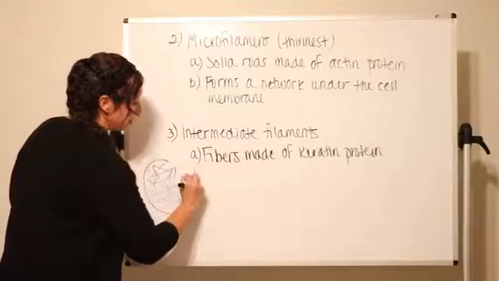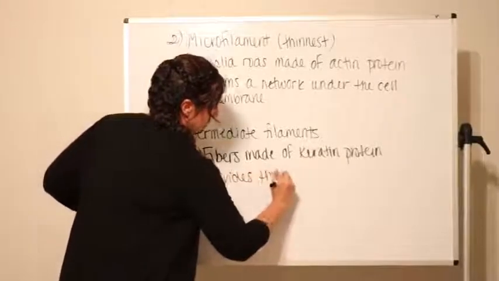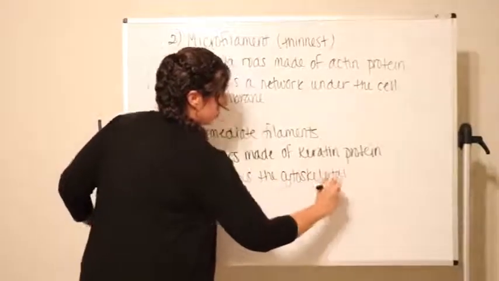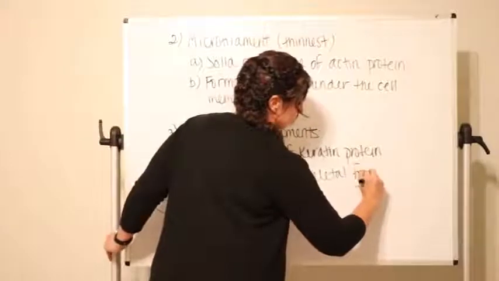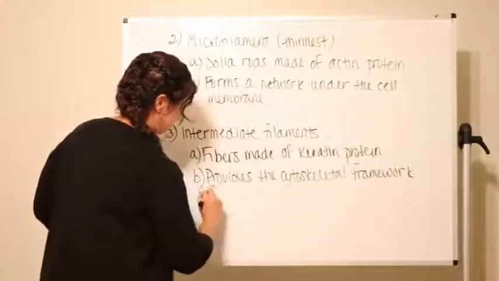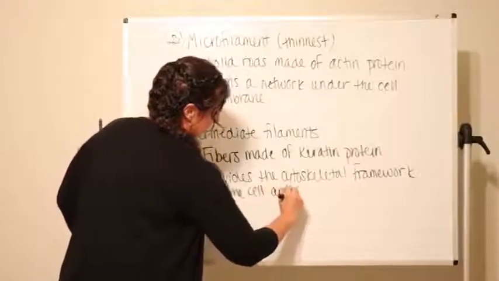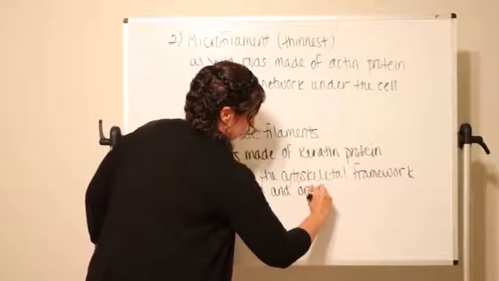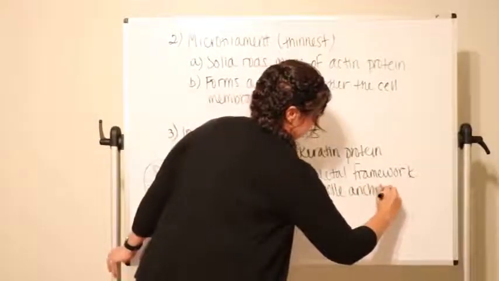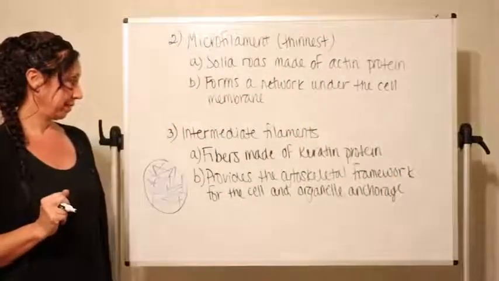So keratin provides the cytoskeletal framework for the cell, and organelle anchorage. Keeps them in place. Okay.